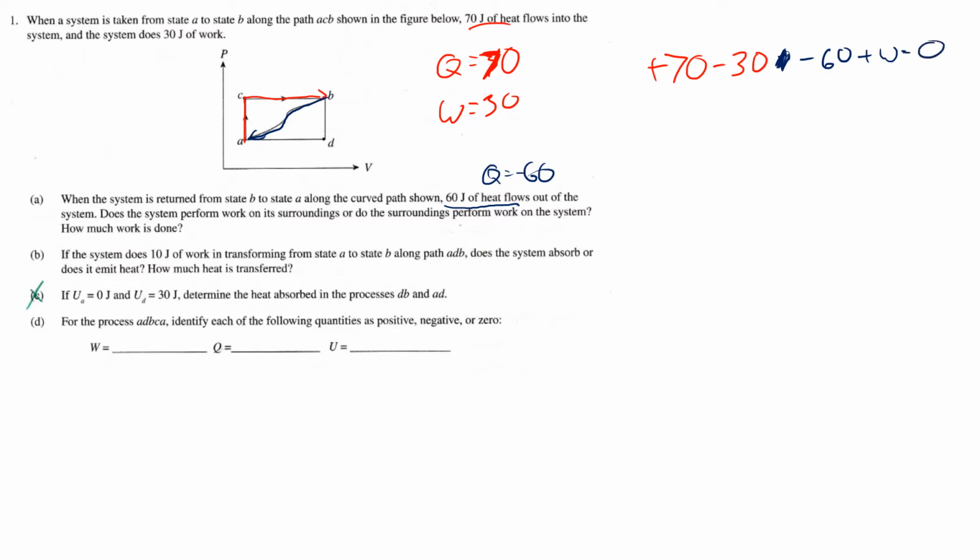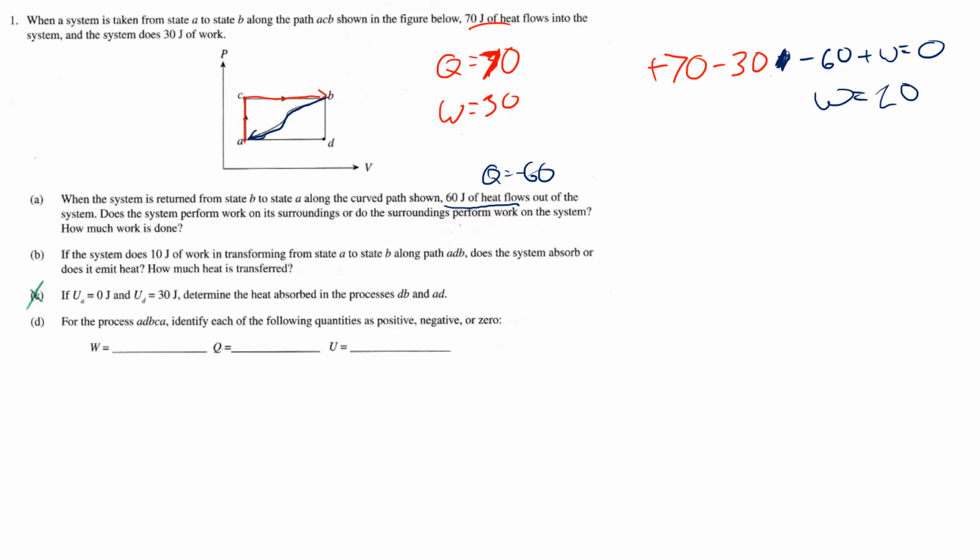This has to equal 0 because all of this has to go full circle. All right, so 70 minus 30 minus 60. So the W is going to equal what, to make this all add up? So 70 minus 60 is 10, minus 20. So W is equal to 20.